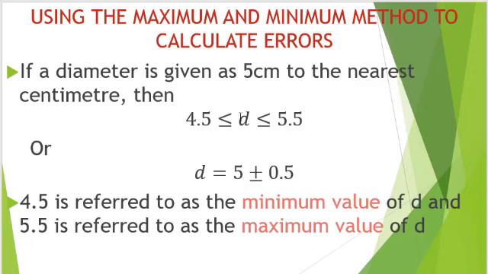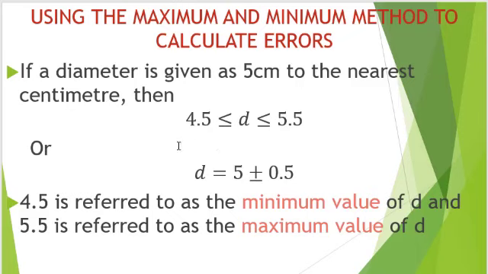Now, if the error involved in 5 is 0.5, therefore this 5 is in between 4.5 and 5.5. How do I get this? I'll say 5 minus 0.5, that takes me to 4.5. And then also 5 plus 0.5 takes me to 5.5. Or I'll just say the diameter D is equal to 5 plus or minus 0.5.